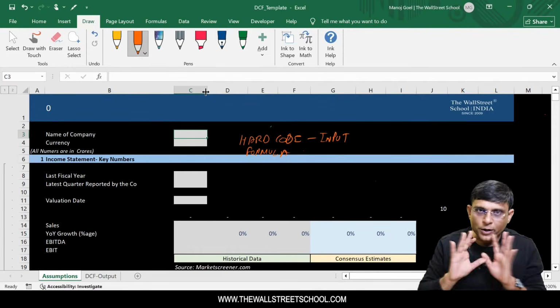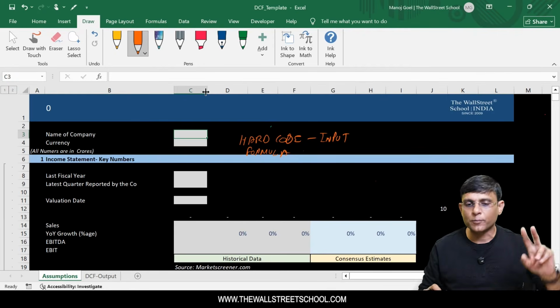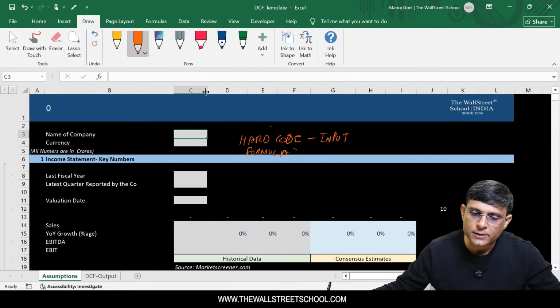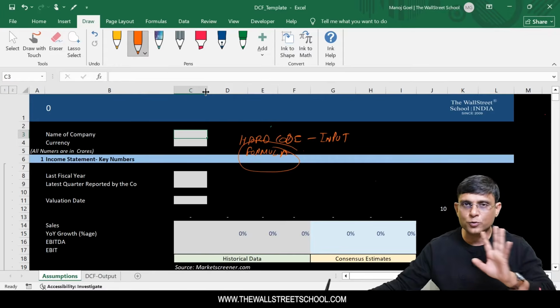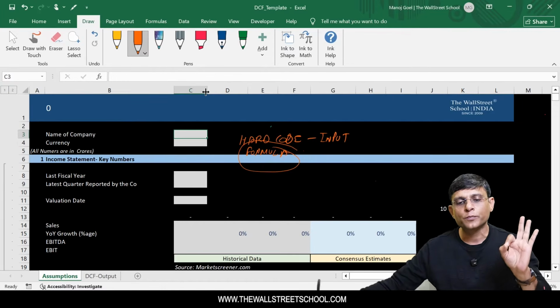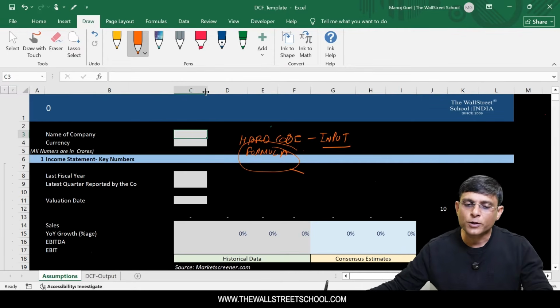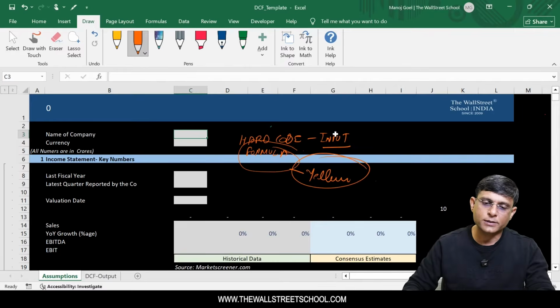I've created this template and I'll provide it in the link of this video. In formula cells, calculation is done automatically, and you're not supposed to overwrite them. You provide input only into the input cells. The formula cells are colored yellow to differentiate them from the other cells.